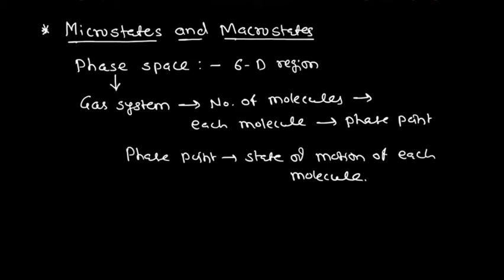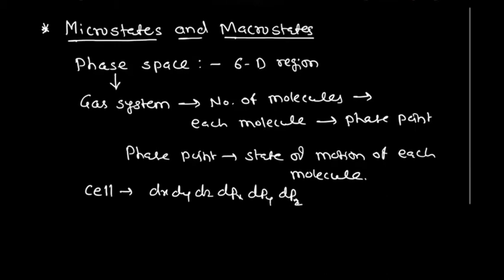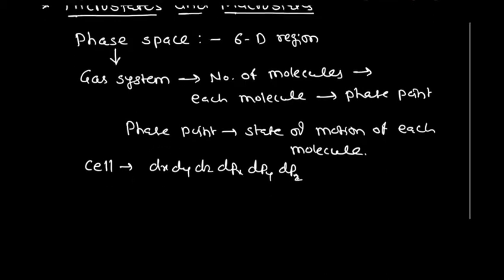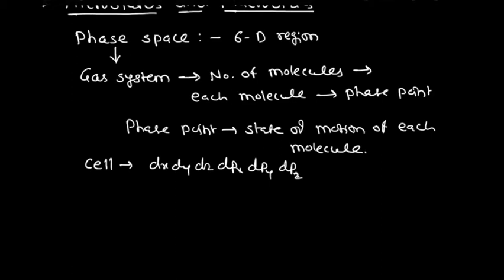Now we are considering this number of phase points. Those lie in a particular cell of a phase space. That cell is a small region whose volume is dx, dy, dz, dpx, dpy, dpz. In that cell, a number of phase points are lying in that region.